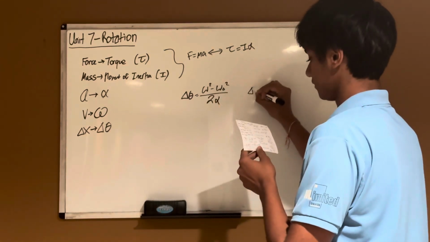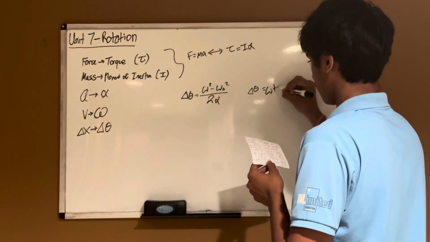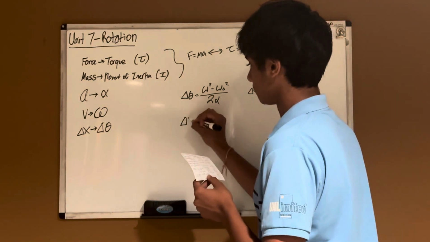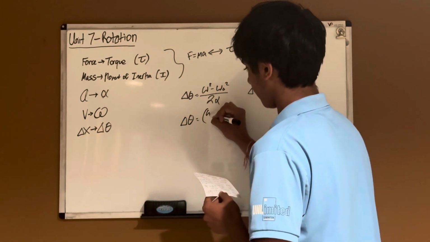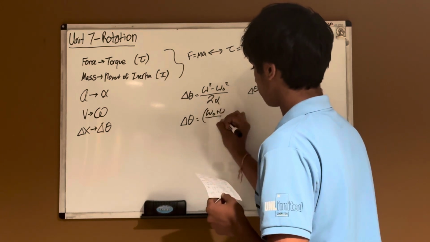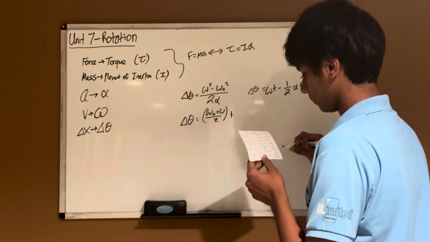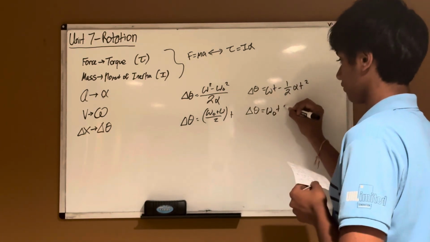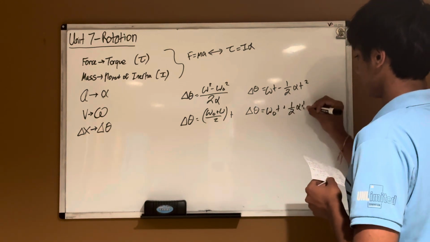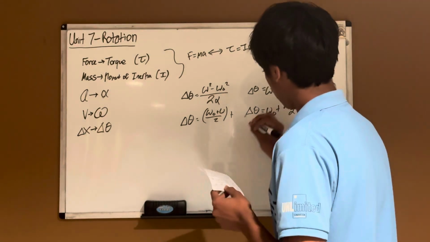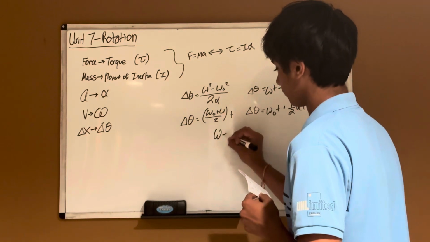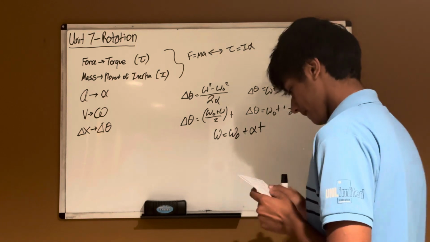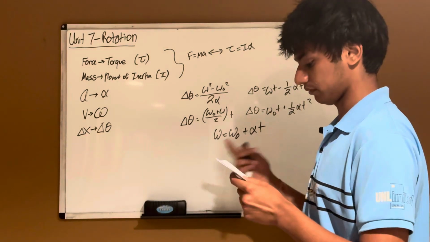We have delta theta equals omega t minus 1/2 angular acceleration t squared. We have delta theta equals the average angular velocity times time. We also have delta theta equals omega initial times t plus 1/2 angular acceleration t squared. And we have angular velocity equals angular velocity initial plus angular acceleration times time. So those are our kinematics equations represented using rotational variables.